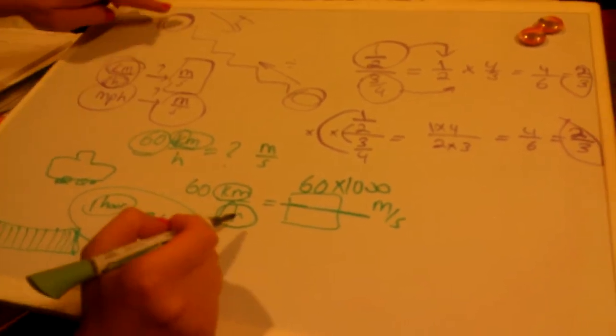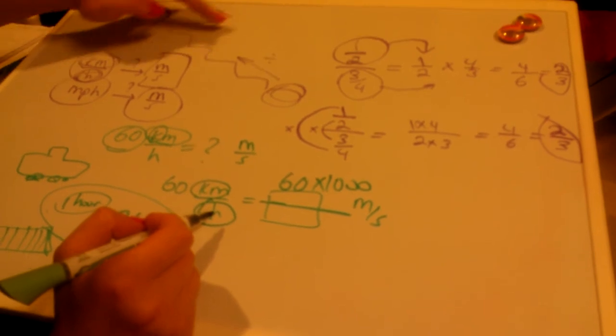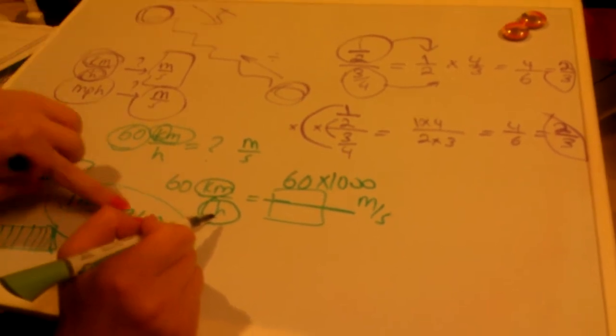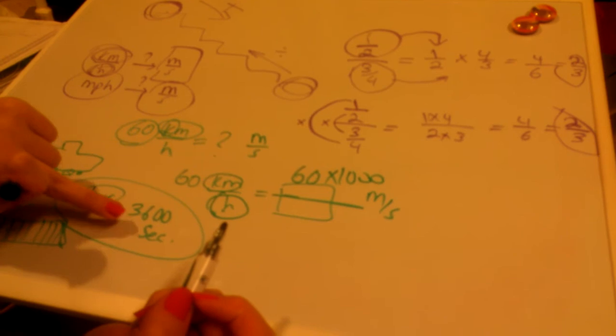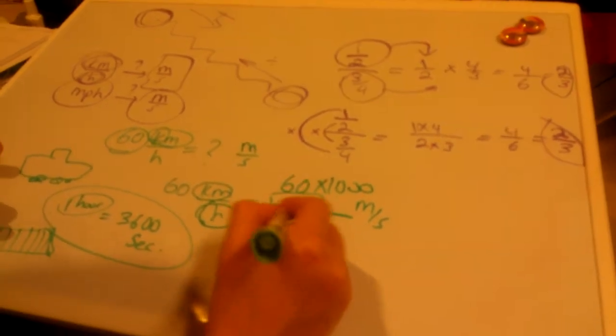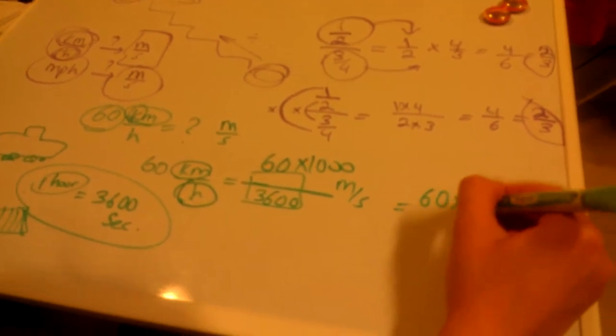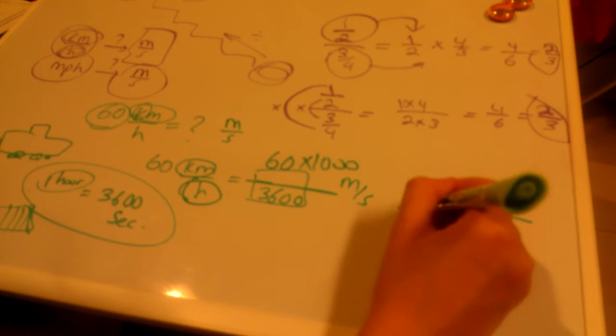So hour to seconds, again, multiplication, but this time the conversion factor is 3,600.